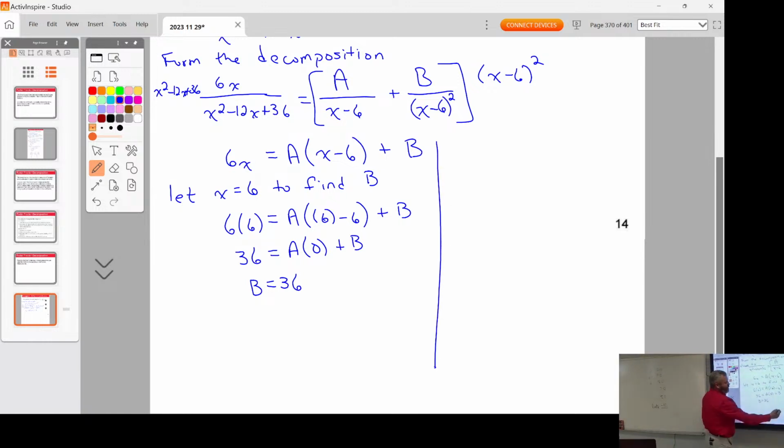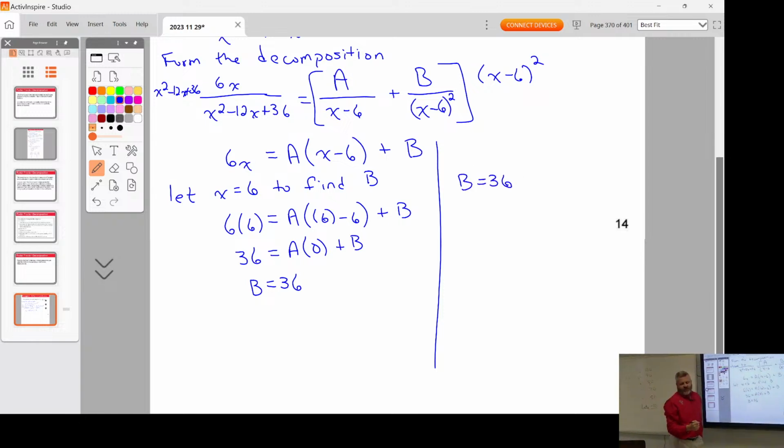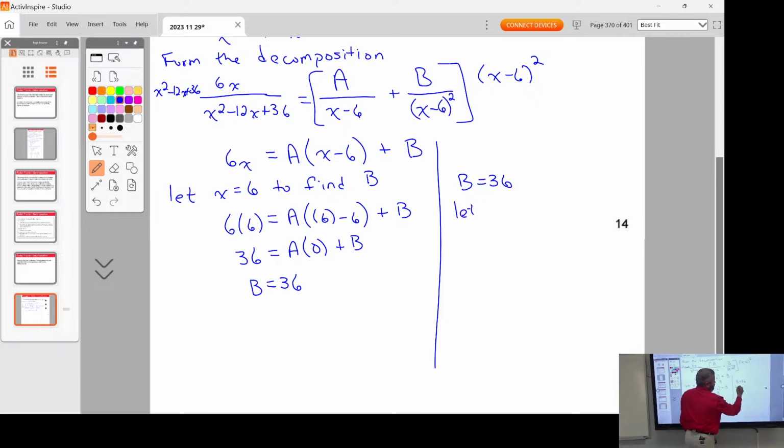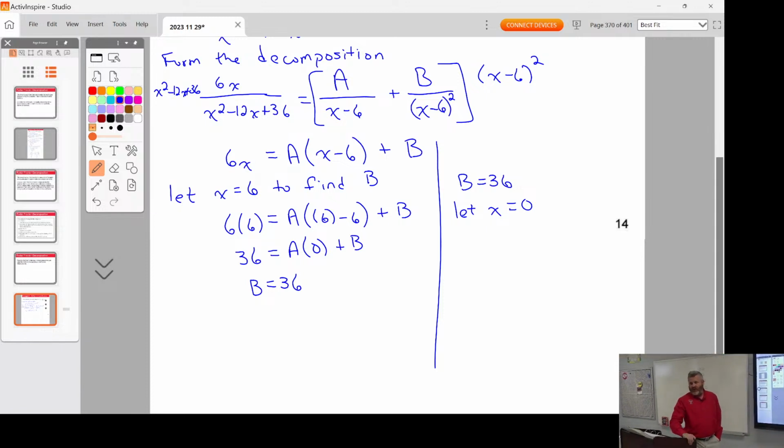So we know that B is 36, and we know that this is true for all x, so we can choose any x that we want. I'm a simple man. I want x to be 0, because to me that's going to be less math. Go back to your basic equation and plug it in.